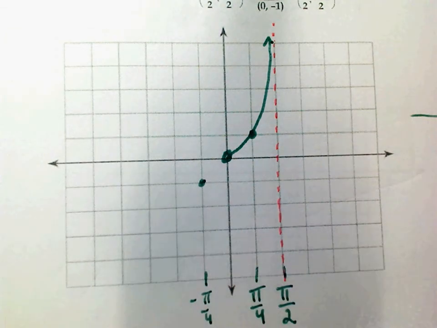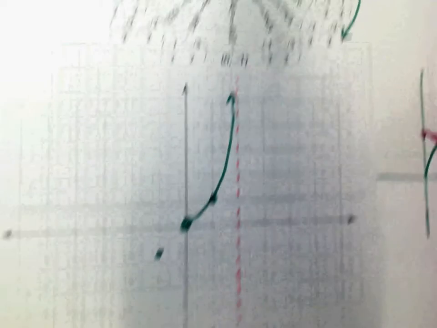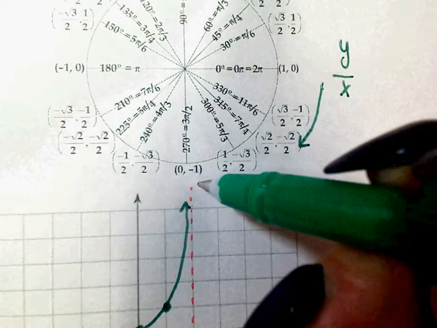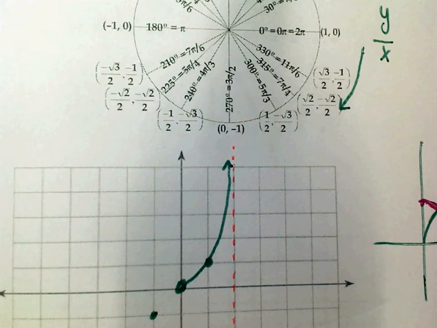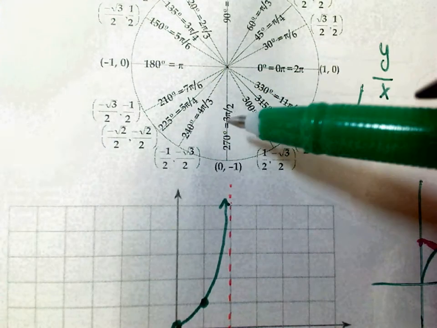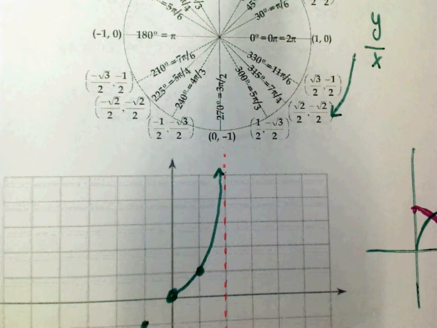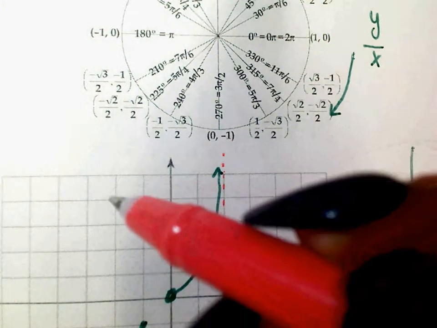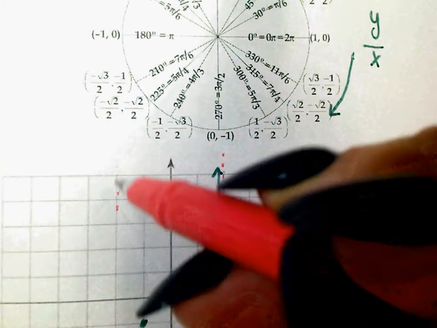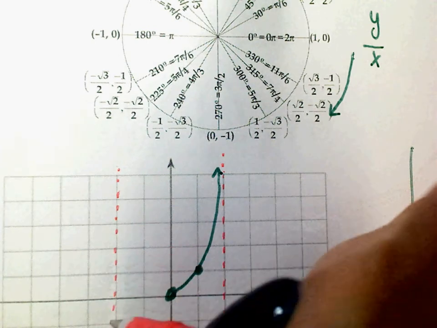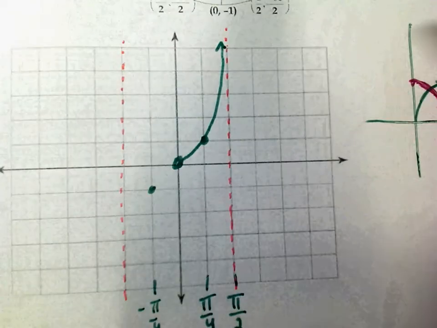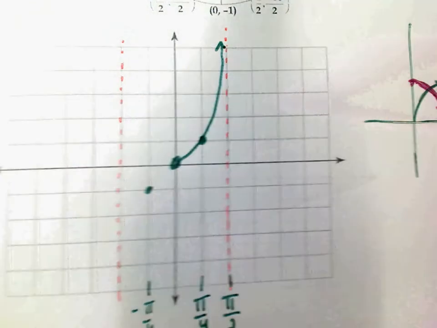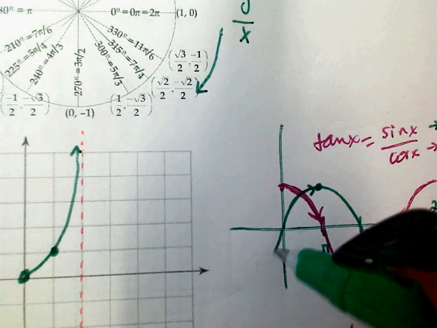And then what is tangent at negative pi over 2? It's undefined again, which means we have another what? Vertical asymptote. Good. How do I know that it's approaching negative infinity down here? Because when you look at this, my sine wave went really low.